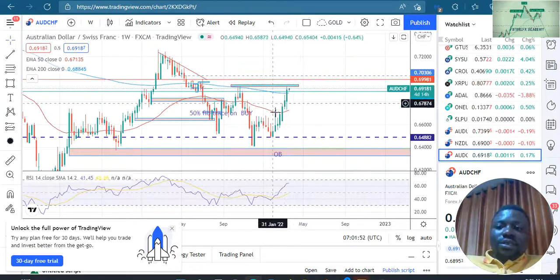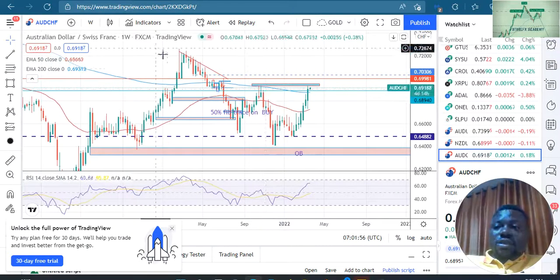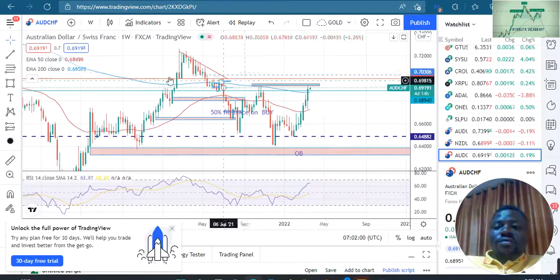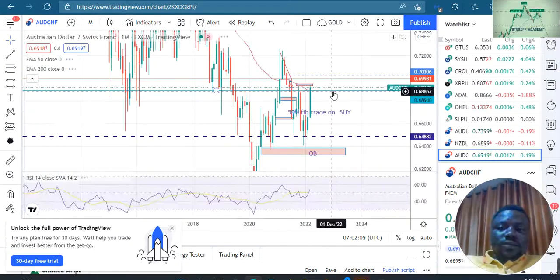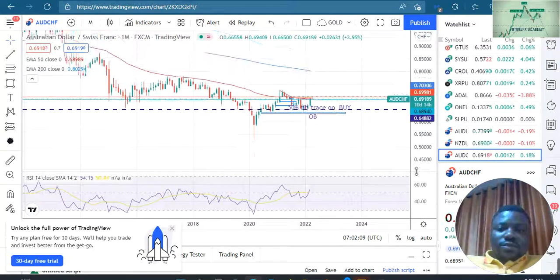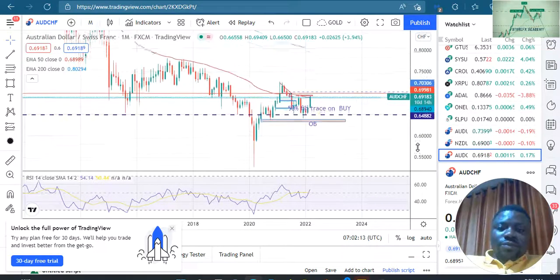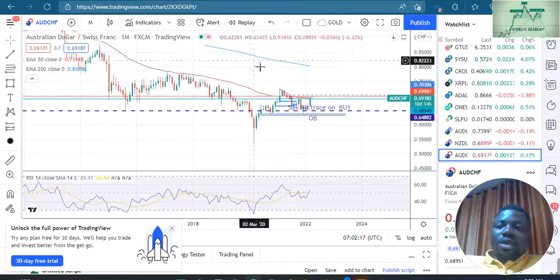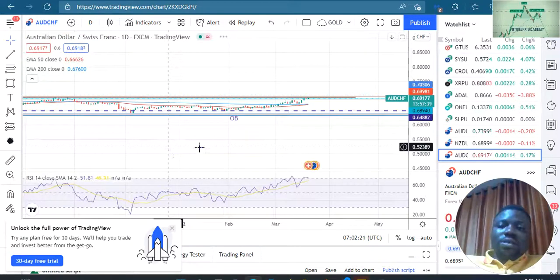Now, with this, it is obvious that AUD CHF is on a strong resistance level, and looking at everything we got, you see that the market on a monthly time frame is trading under our 200 EMA and returning back to our daily time frame.